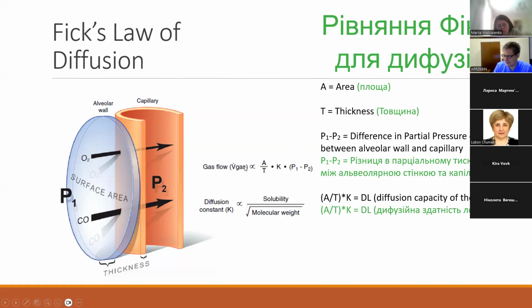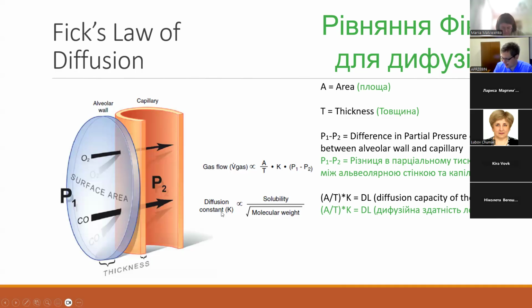And it's inversely proportional to the thickness, how thick this membrane is, multiplied by some constant, and we'll go over that constant, and then multiplied by the pressure difference between these two places for the gas. This diffusion constant is itself dependent on the solubility of the gas in blood, and it's inversely proportional to the square root of the molecular weight.